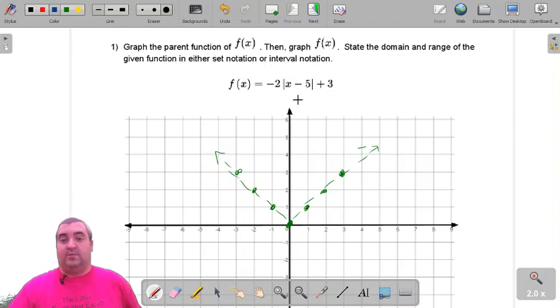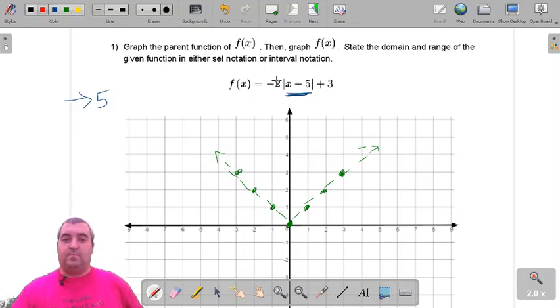I usually like to start from the inside out because that's kind of how we go through the transformations anyways. So here, the x minus 5, that minus 5 tells us we're going to go to the right 5 with all these points. Okay.